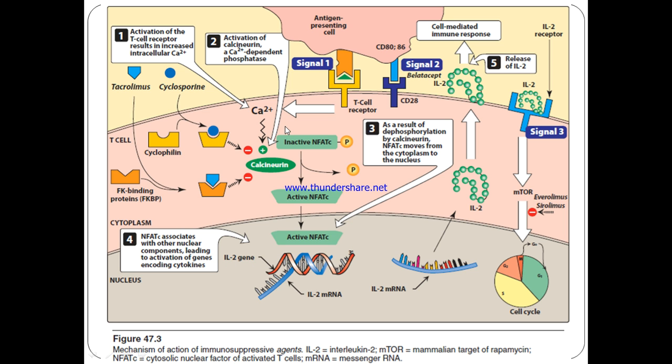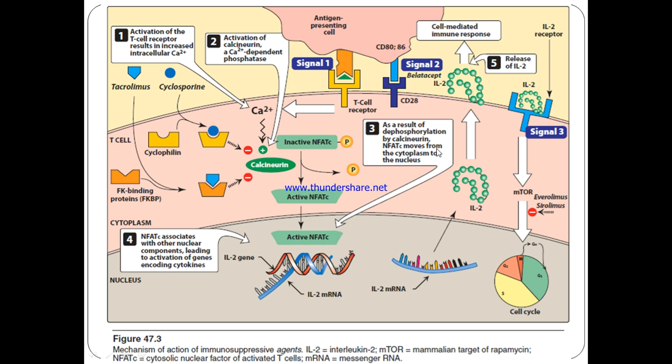So here, first, what is happening again: activation of the T cell receptor results in increased intracellular calcium. Because there is an antigen presenting cell, there is an increase in intracellular calcium. Next is activation of the calcineurin, and as a result inactive NFATC becomes active NFATC, through dephosphorylation by calcineurin, as already discussed.